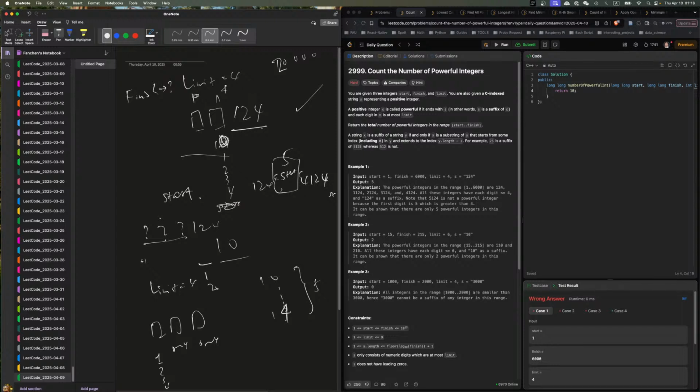Well, we can do the same thing, which is the biggest one that's smaller than finish. Right? The biggest that's smaller than finish. So we'll find that. So now we have two bounds. We have the lower bound, we have the upper bound. Perfect. Then what?